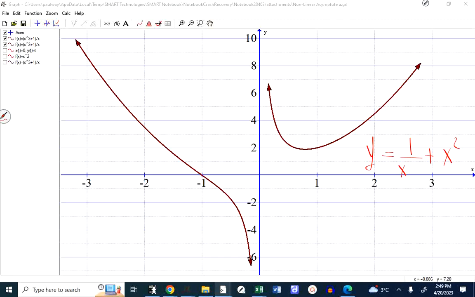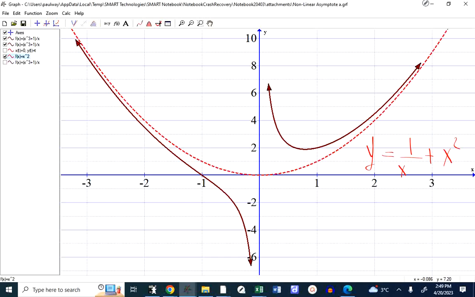Can you kind of see a parabola there? I mean, not in the center, but as the graph goes away from the center, there's a parabola. It doesn't matter what the graph looks like in between. What matters is what the graph looks like as you go to larger values of x in either direction.